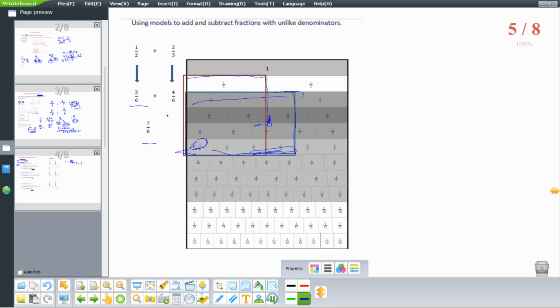If we want to solve it in the normal way, half plus 2 over 3, how can we find the common denominator?